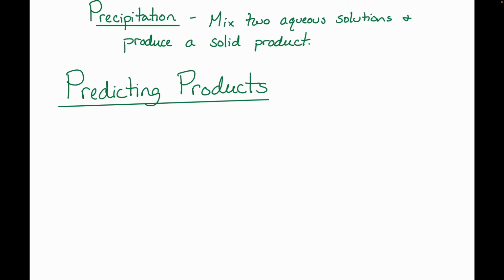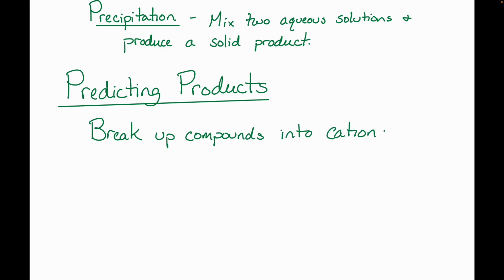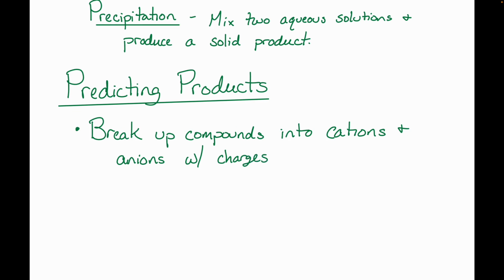So step one in predicting these products, we need to break up these compounds into their cations and anions with their charges.